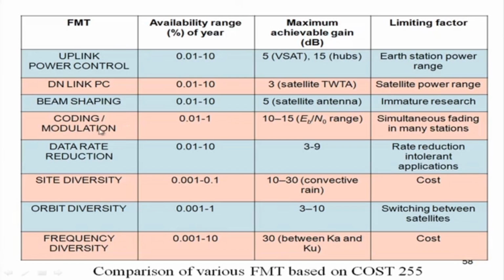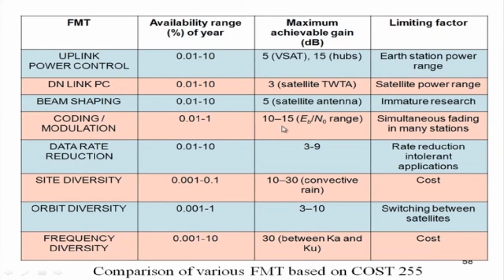Okay, the other FMT, the signal processing FMT, which is the coding and modulation change, is commercially being used in our VSAT network using DVB-RCS second generation, and even DVB. They use coding and modulation techniques where you get an advantage in Eb/N0. As we discussed, you go from a higher order of modulation with higher spectrum efficiency to a lower order modulation, or from a lower order coding to a higher order coding.